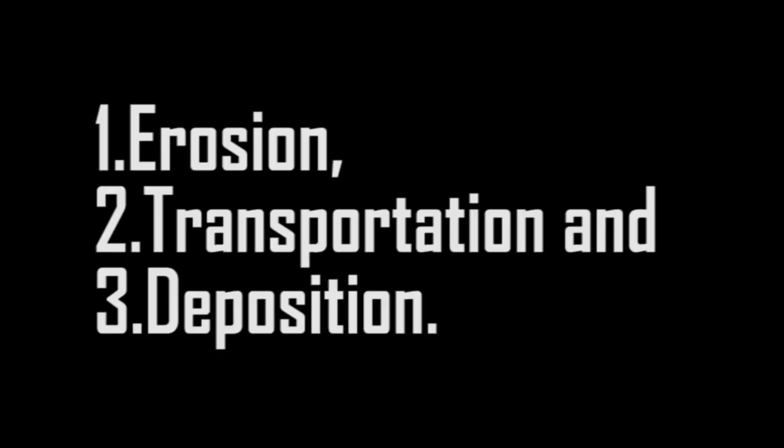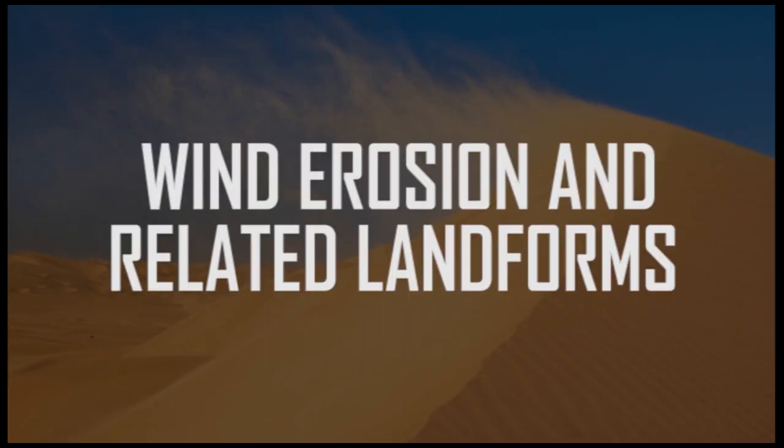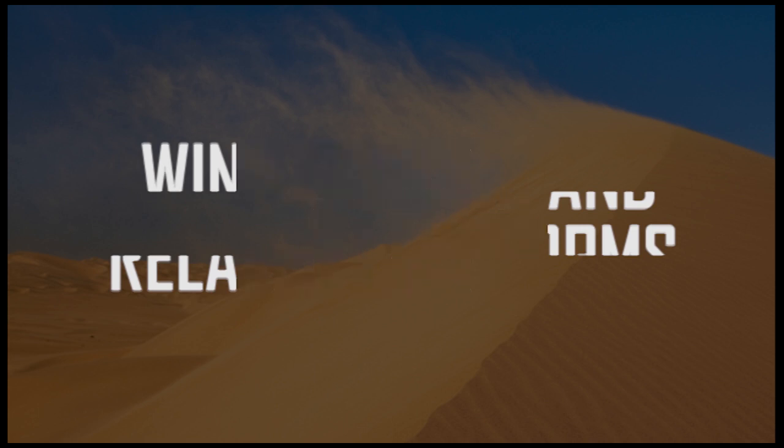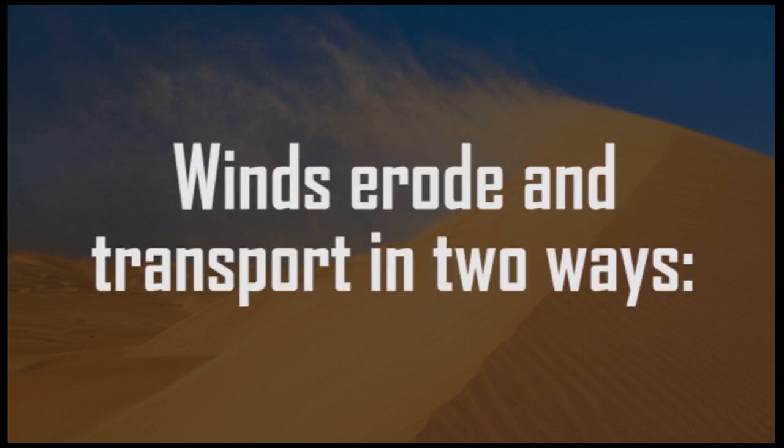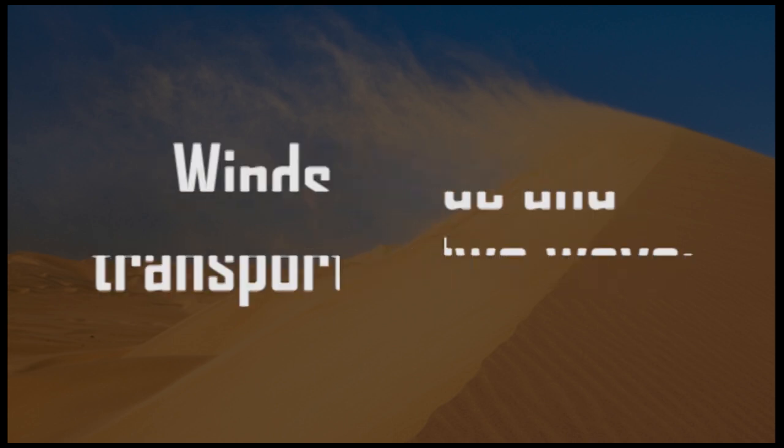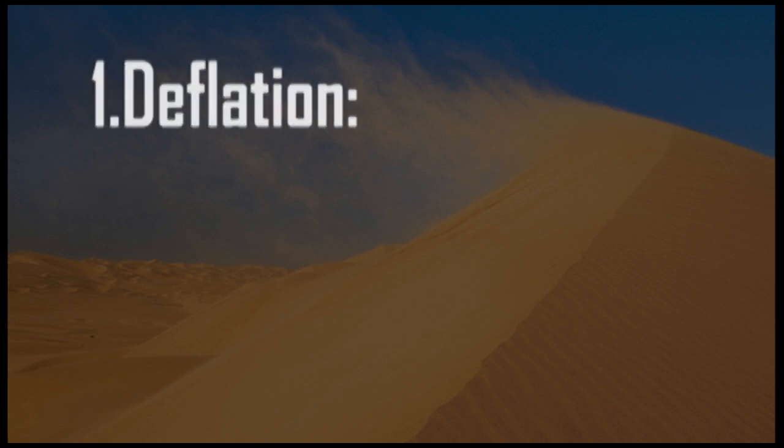The action of wind in desert areas. There are three main functions of winds, such as erosion, transportation, and deposition. Let us start with wind erosion and resulted landforms. Wind erodes and transports in two ways. The first way is deflation.